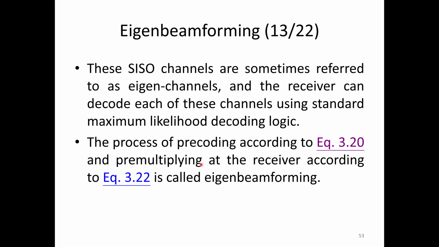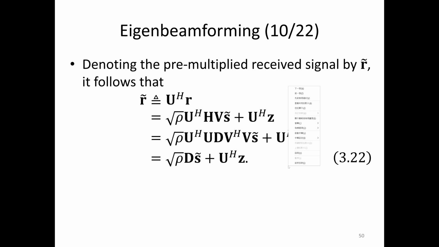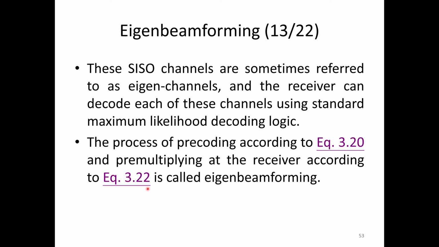And pre-multiplying at the receiver according to equation 3.22. In equation 3.22, we can see that R tilde is defined as U Hermitian times R. Let us go back to page 53. It is called eigenbeamforming, which is the topic of this section.